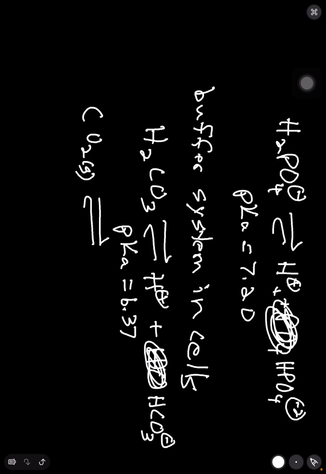Since carbon dioxide is both in free gas form and also dissolved in the bloodstream, that means there's a couple of different forms of it. There's the gaseous form and aqueous, dissolved in blood.